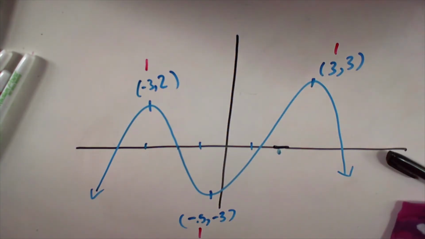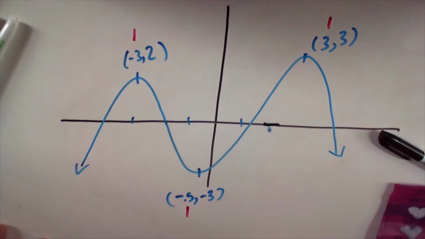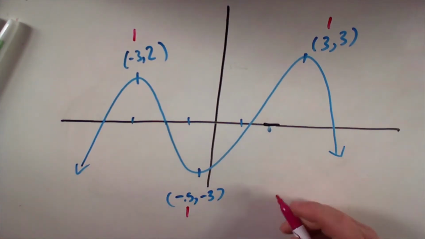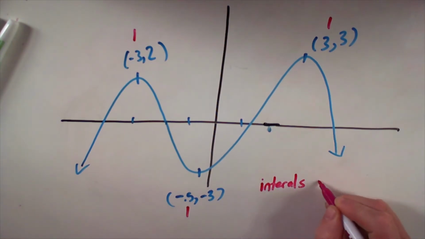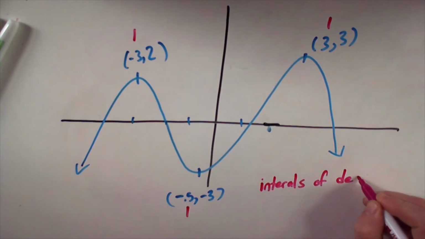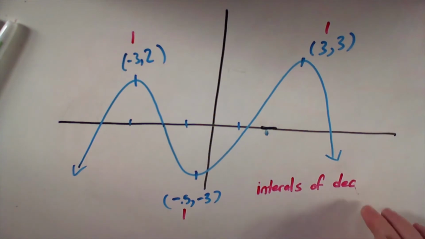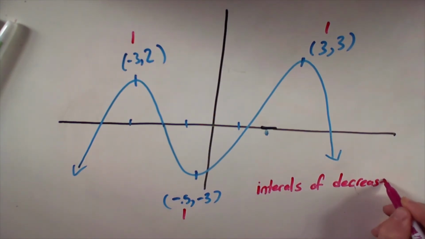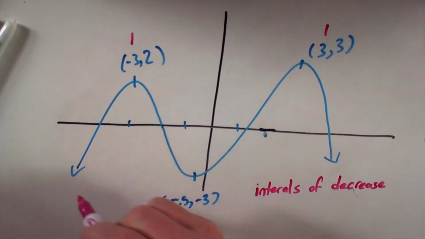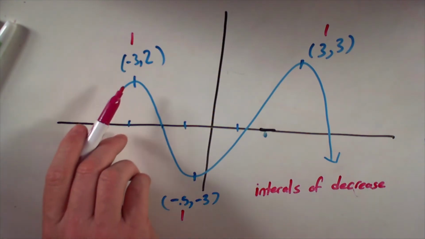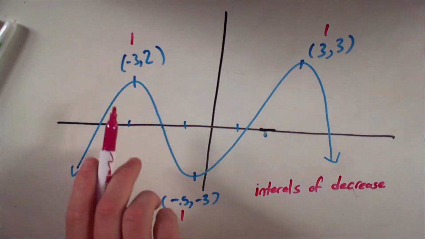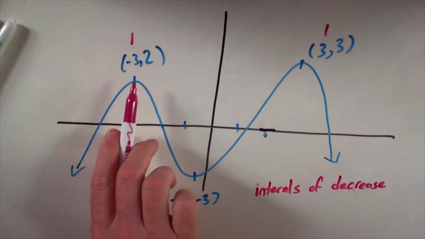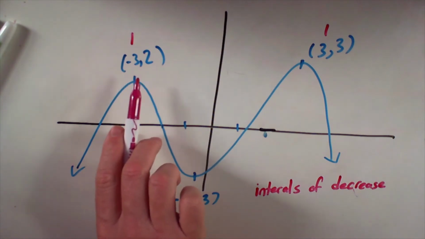So let's first talk about our intervals of decrease. This is where we are going down. So we start off, we're coming up, up, up, up. We get to this point at -3, and then we start going down. So that -3 point, that is the top of the hill.